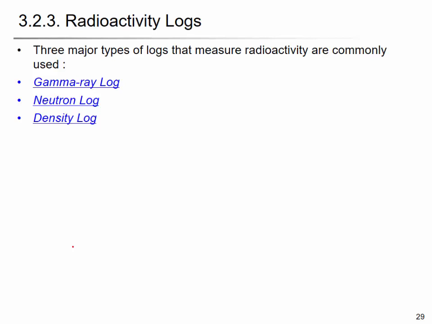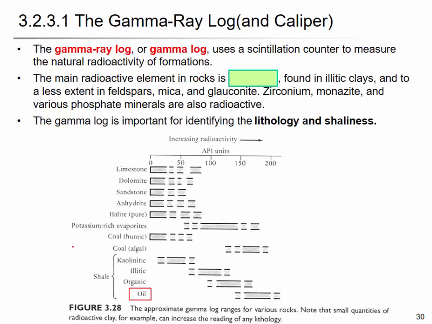I hope I can finish the radioactive logs by today. So there are three major types of logs that measure the radioactivity: gamma ray, neutron, and density. Gamma ray logs measure the scintillation counts from the natural radioactivity. So you have to have natural radioactivity from the formation.